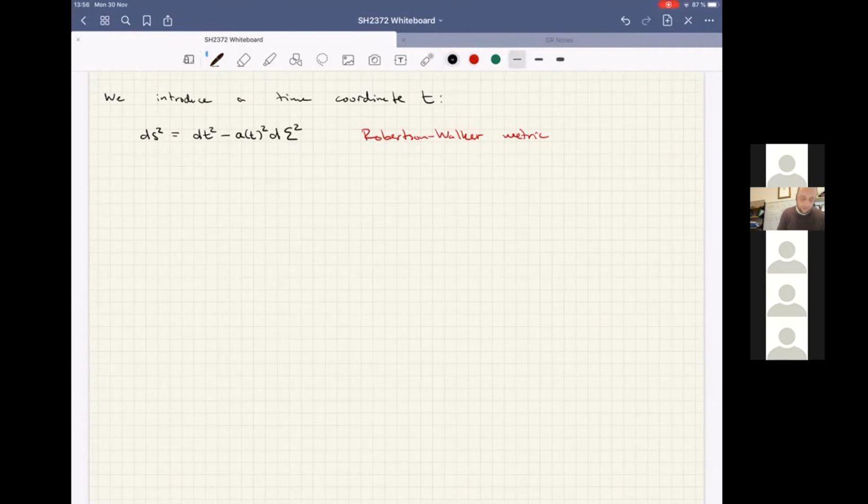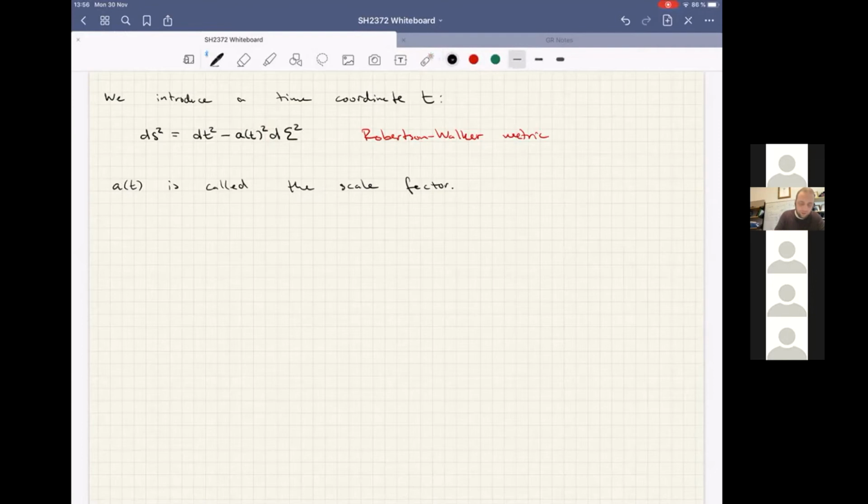So this a of t is called the scale factor. Because if you look at t equals t1, say, you have one a of t, and that multiplies all the lengths in this spatial surface. At a different time, t2, a of t may be larger, and then all of the distances in the corresponding spatial surface would be larger as well by that factor. That's why it's called the scale factor.